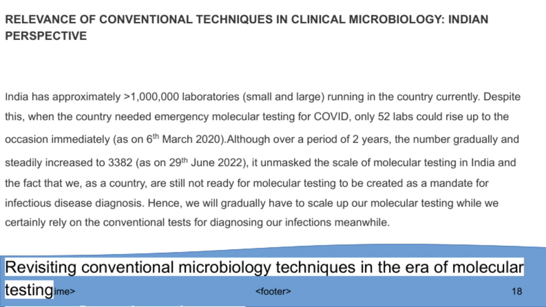Revisiting these methods is essential, especially in the context of integrating new technologies. They continue to play a vital role in our overall diagnostic strategy, ensuring we provide timely and accurate diagnoses even as we adopt advanced molecular tools. This balance between conventional and molecular methods is key to strengthening our infectious disease management in India.